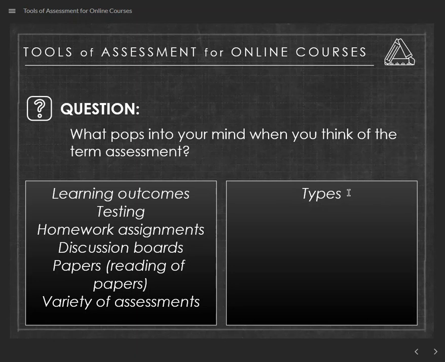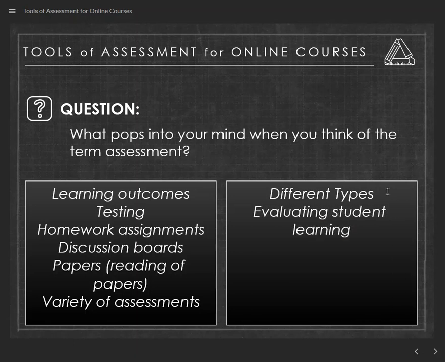So we have different types. Any other thoughts in terms of assessment? How about evaluating student learning? Okay, learning.